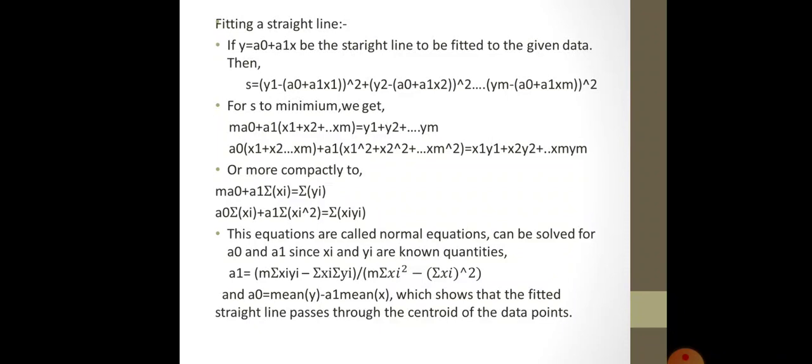Or it can be represented as m a0 plus a1 into sigma xi equal to sigma yi, and a0 into sigma xi plus a1 into sigma xi square equal to sigma xi yi. So these equations are called normal equations.